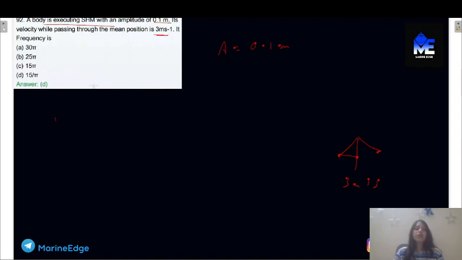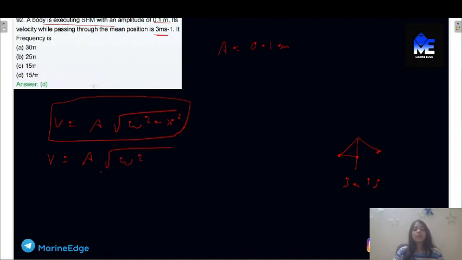First of all, if you know the formula, v is equal to A under root omega square minus x square. This is one of the most important formulas of SHM. When it is passing through the center, the value of x will be 0. So v equals A under root omega square, that is A omega. We already have the value of v as 3 and A as 0.1.